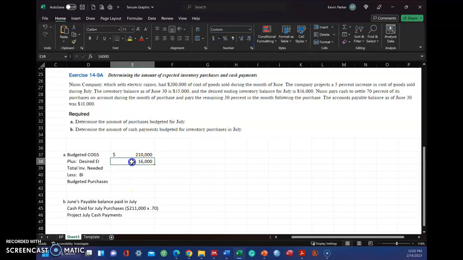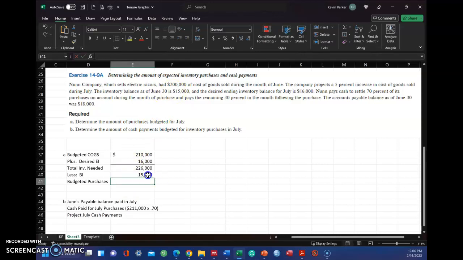All right. And then total inventory needed is a combination of those two. I'm just going to add it up like in Excel, even though 226 was easy to calculate. And then we have to subtract out the beginning inventory. Is that given to us also? Well, yes. It doesn't say July, but it says June 30th, which we know is the July 1st amount.